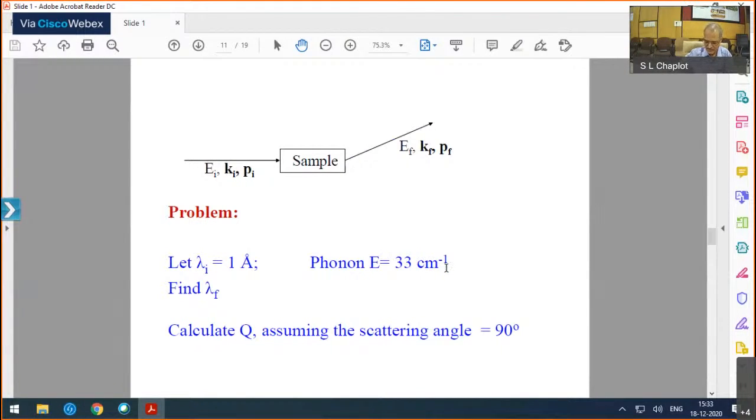That's a known Raman value of the frequency. I would like to know that if I scatter my neutron with such a phonon, then what are the expected values of the scattered neutron? What is the scattered neutron wavelength, for example? And if the scattering were at, say, 90 degrees, then what are the corresponding Q values? Okay, so let's try to do this very simple problem just to get going.